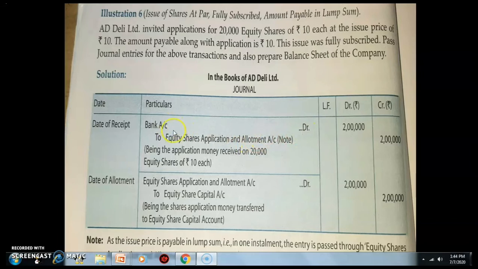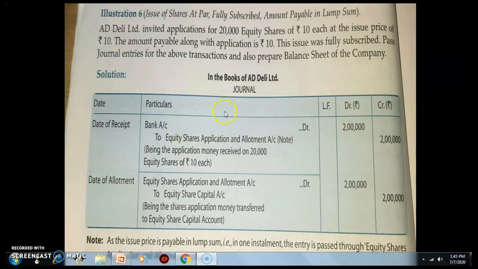Here you can write in the bracket how many shares were issued: 20,000 into what is the value of one share? 10 rupees. So write down your 10. So if we are issuing 20,000 shares at 10 rupees, what is the total amount you are receiving? 2 lakh.